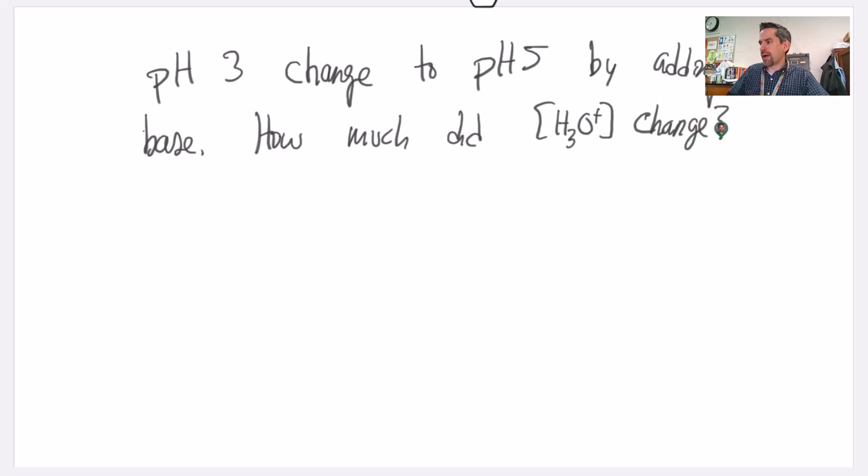Remember that brackets means concentration. So I'm asking, how much did the concentration of H3O plus change? And the answer is, to change from 3 to 4, it went down by 10, because remember we're putting a base and it's going to a higher pH, so it's less hydronium. And then if we go again to the 5, it's a change of 10 again.